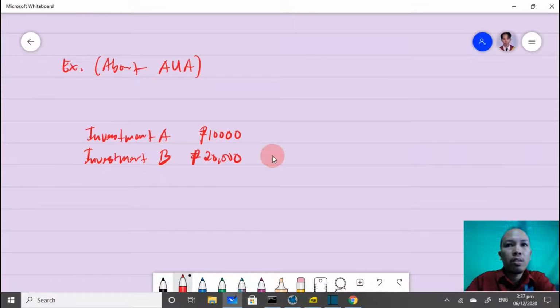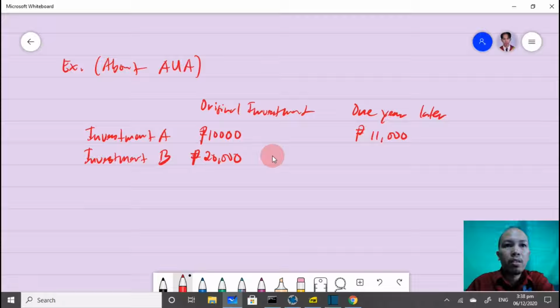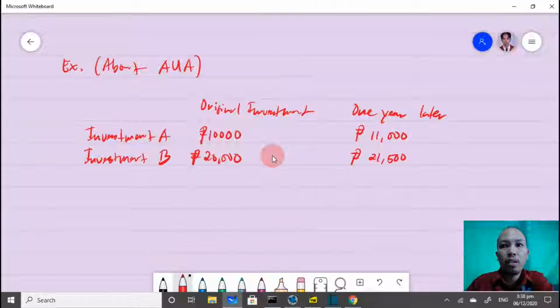So this is the original investment. And then after 1 year, the 10,000 pesos becomes 11,000 pesos, and the 20,000 pesos becomes 21,500 pesos after 1 year.